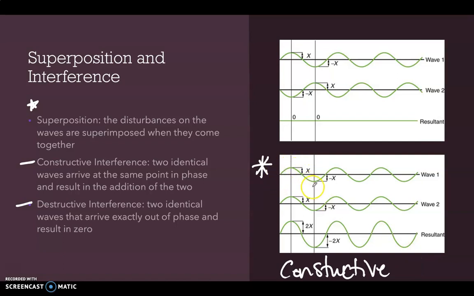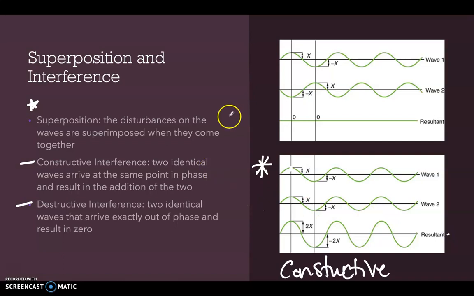Okay, so we have two waves that are in phase with each other. So see, they hit peaks at the same time and the low points at the same time. Okay, so they're in phase with each other, and so when they come together, they add together. So this is their resultant, is what it's called.